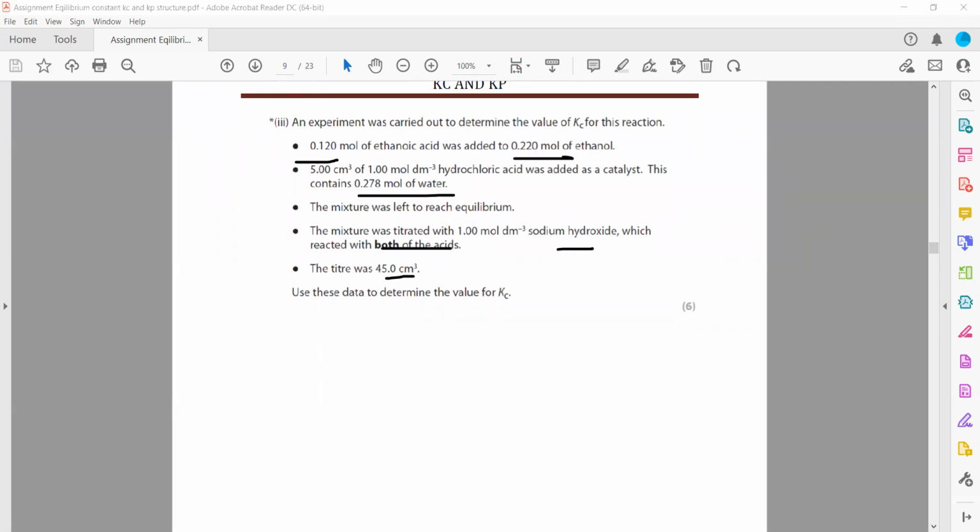First we need the moles, so first we'll get the initial moles. The sodium hydroxide is used, which is titrated with both of the acids. These are the moles of water which are produced.